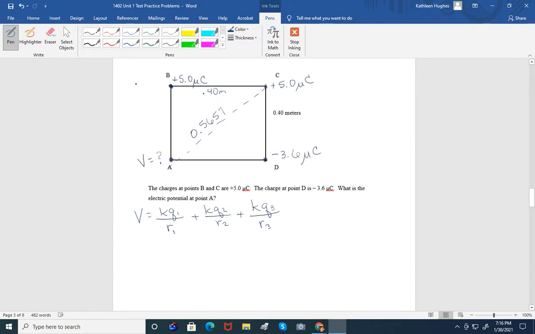We need to just fill in our charges. I'm going to go ahead and factor out this K. It's 8.99 times 10 to the 9th times Q1, I'm going to say it's 5.0 times 10 to the negative 9 over 0.40, that's the distance between point B and point A, we're trying to find it right here, plus Q2 is also 5.0 times 10 to the negative 9, but it's a little farther away, 0.5657.